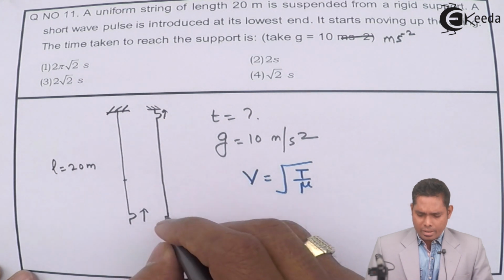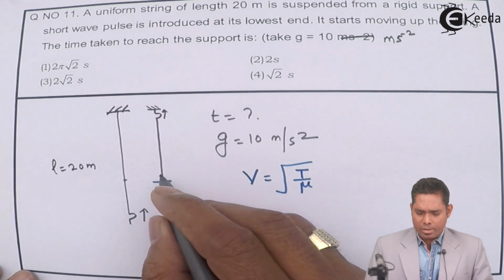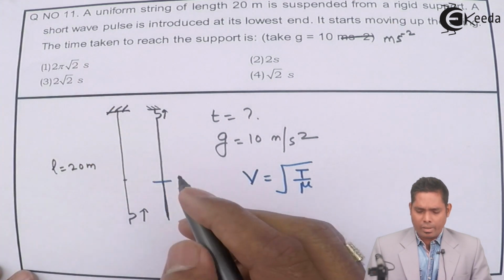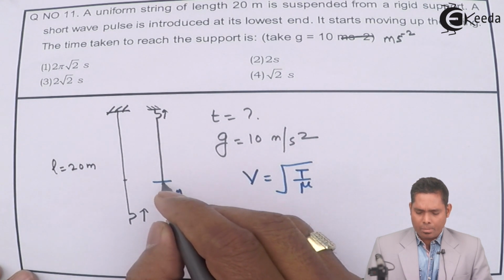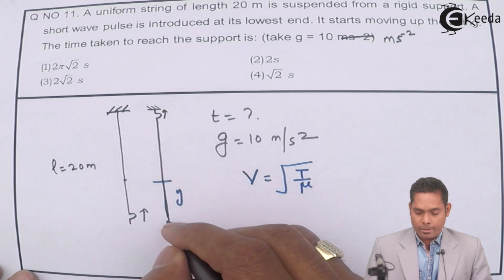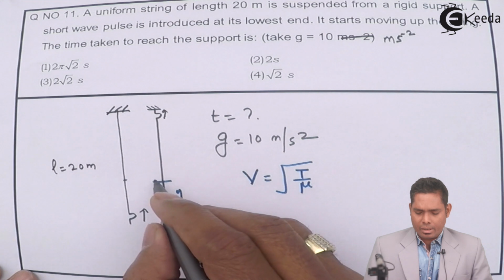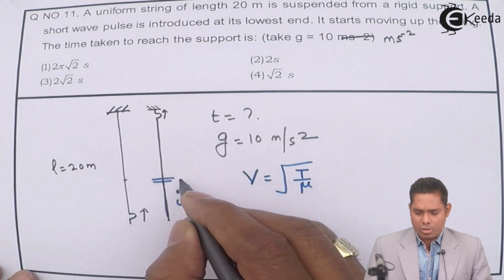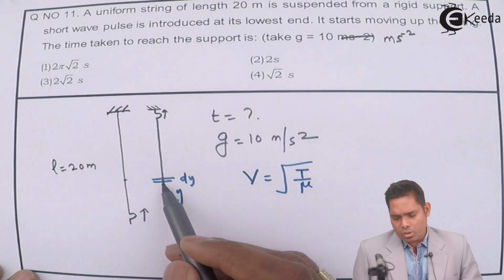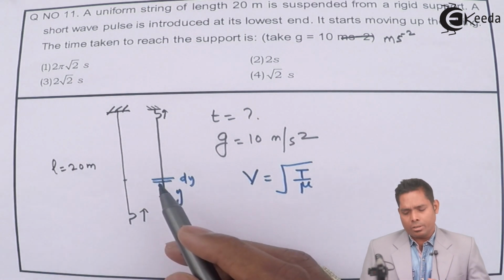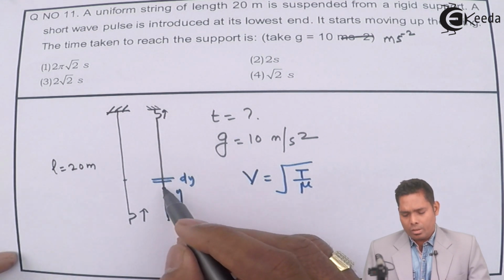So let us say I consider this distance in the y direction, then at a distance y from the lowest end, I consider a point P, and I consider a small section of this string, that is of width dy.